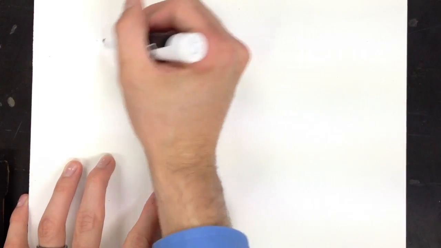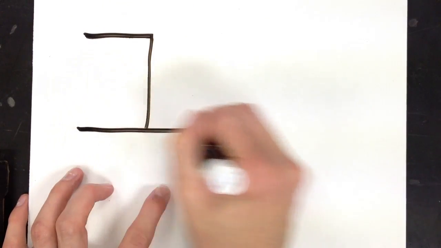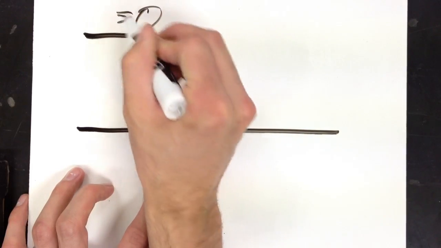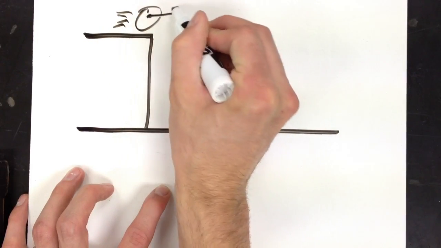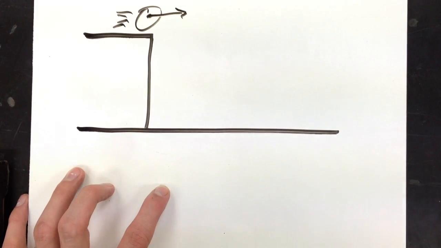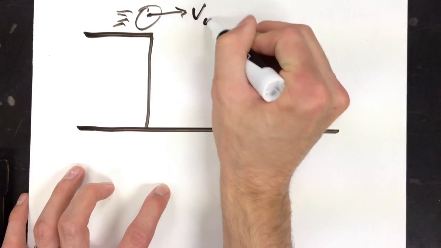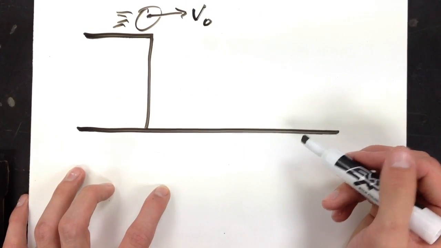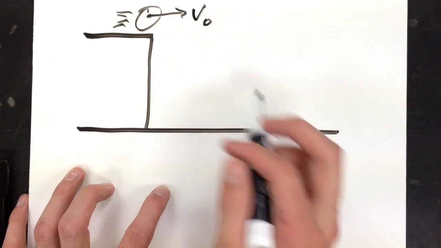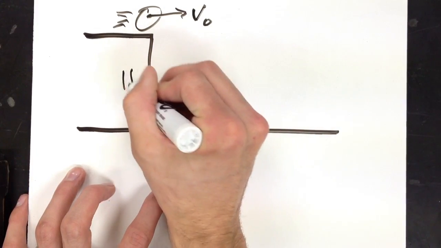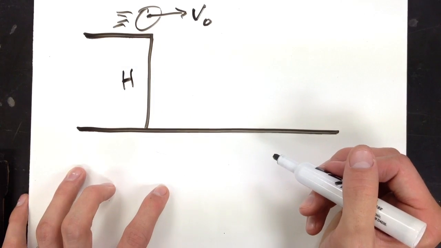So let's say that we've got a ledge and we have a ball speeding off at some initial horizontal velocity, and we'll call that v naught. So it's leaving the table as a horizontal projectile. And let's say it's off the ground a certain height h.